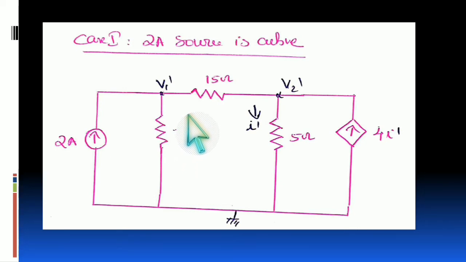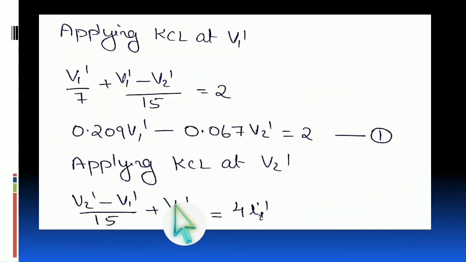The unknown currents are the current through this 7 ohm and that through this 15 ohm.